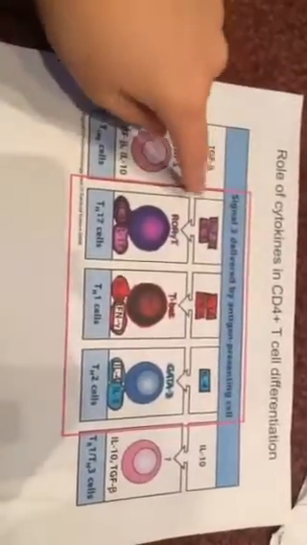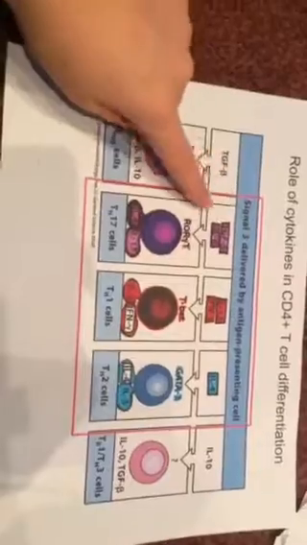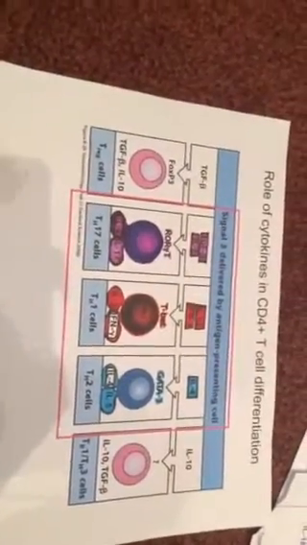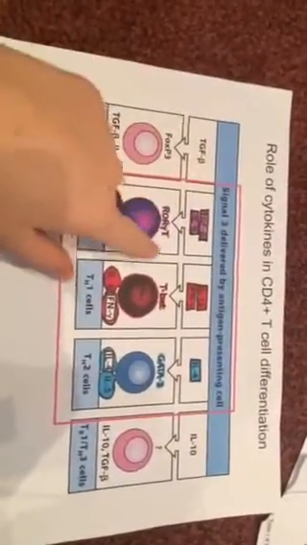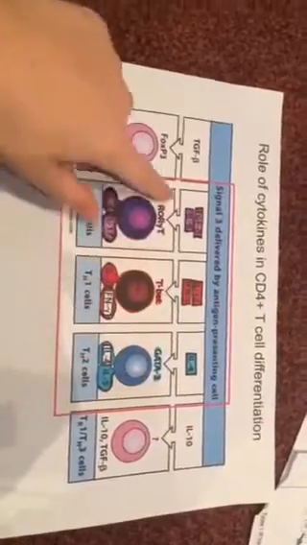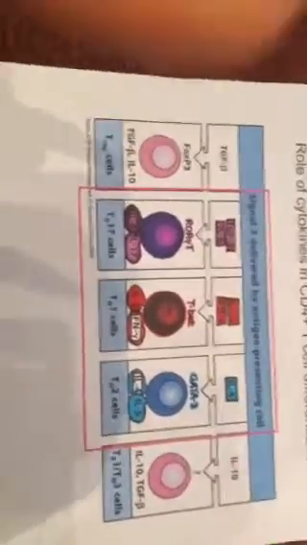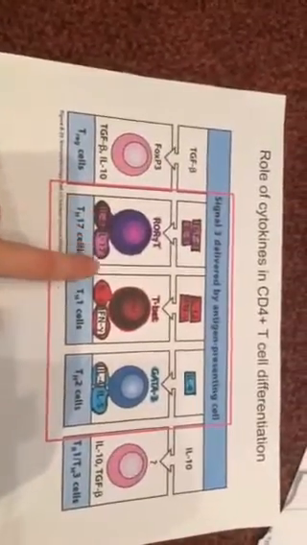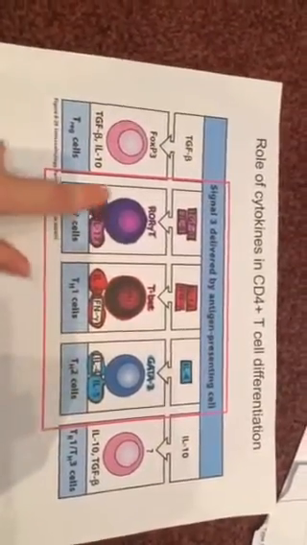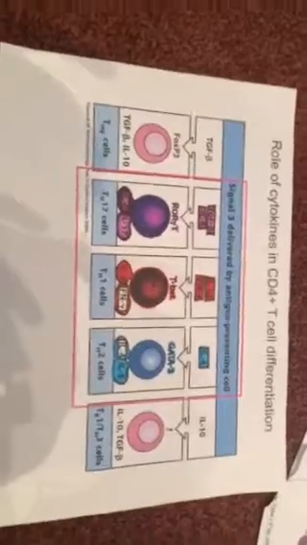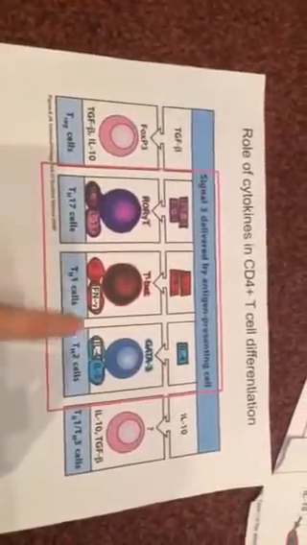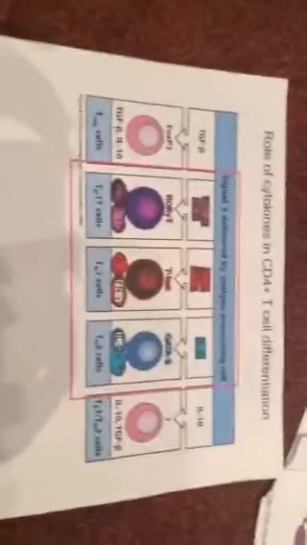So we've got the cytokine that is needed to enter the cell. Then we've got the transcription factors, and then finally the cytokines that the fully differentiated cells express.